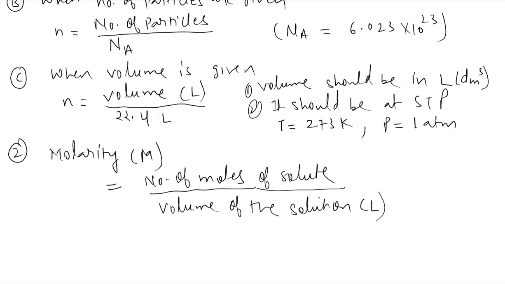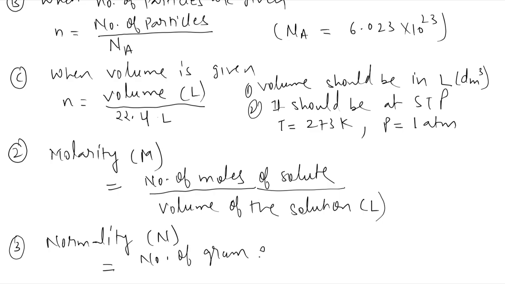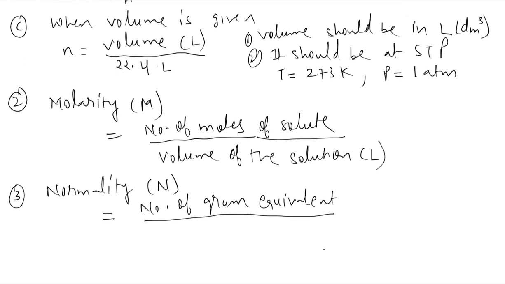All right, then we have another formula for normality, which is represented by capital N, and its formula is number of gram equivalent divided by volume of the solution in liter.